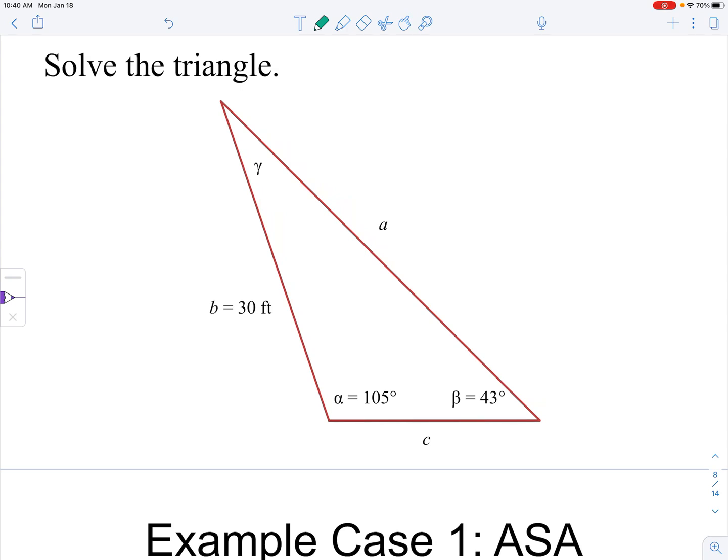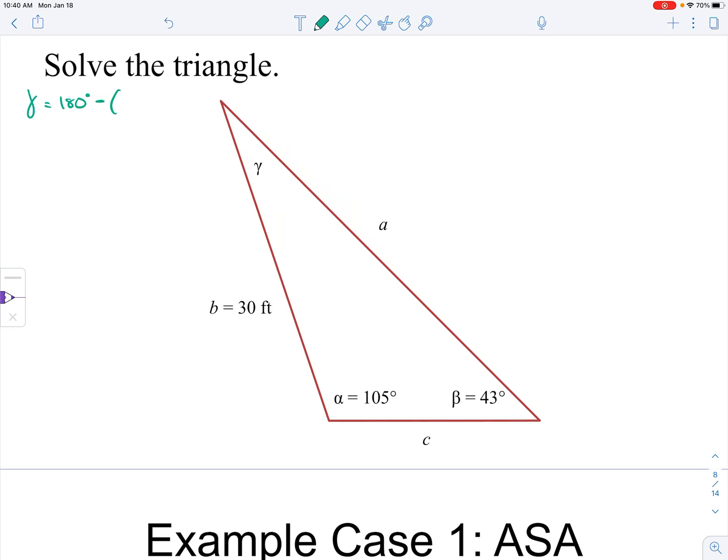Okay, so why don't we solve for angle gamma first? We could solve for side A, but it might be more efficient to start with solving for angle gamma, so we have all three angles. So gamma equals, remember all three angles sum to 180 degrees.